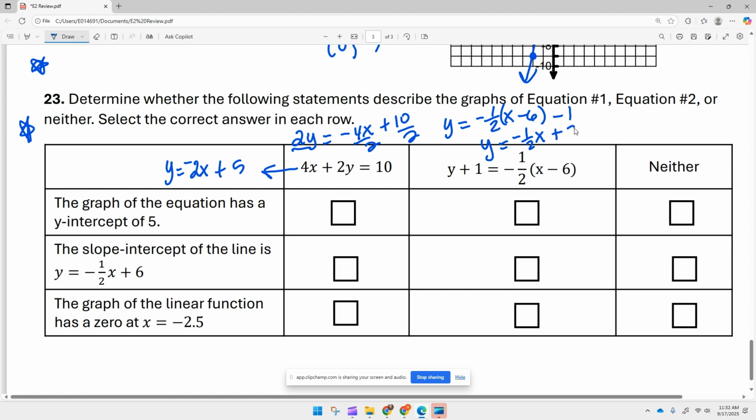Half of 6 is 3 minus 1. So that becomes 2. So the slope-intercept form of the line is -1/2 x plus 6. That is neither equation. That's neither the standard one or the point slope form. While they have the same slope, they have different y-intercepts.